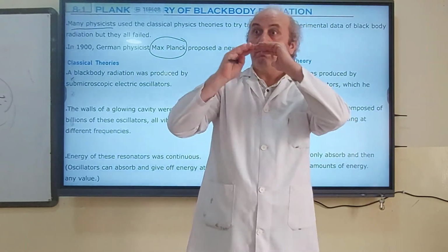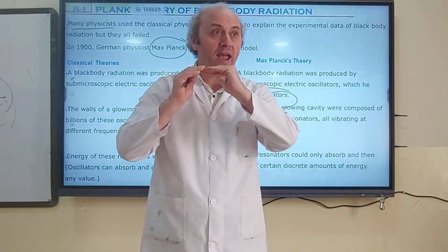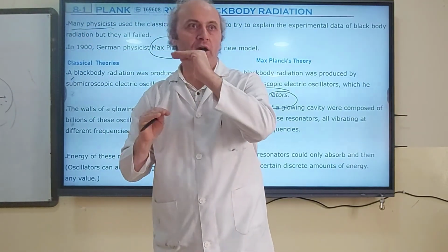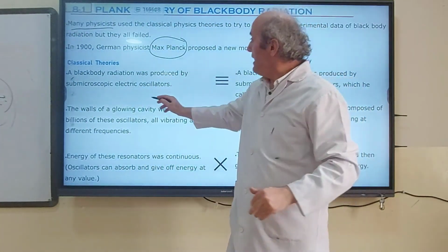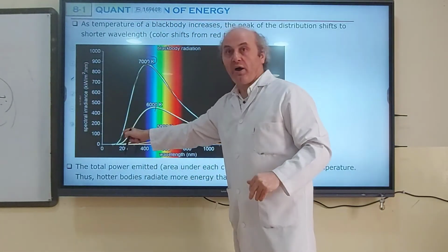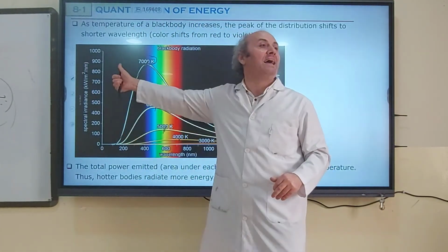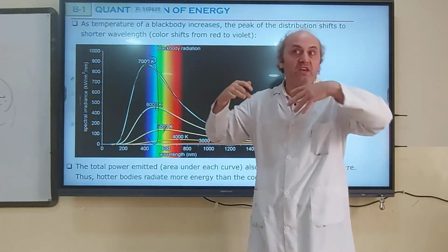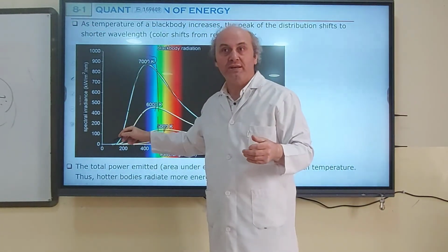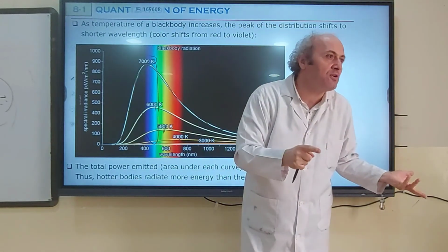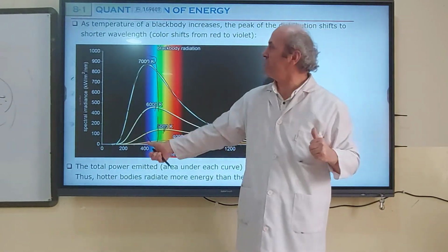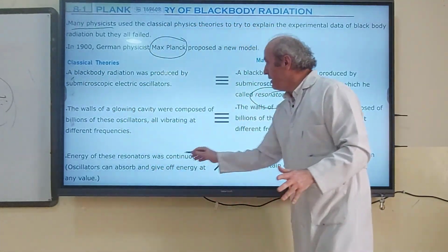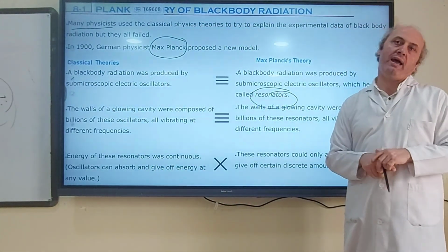He said that resonators don't take every energy given. They take only some discrete amounts of energy. That's why the energy given out at the ultraviolet side is less than here. Here they accept more energy and give out more, but there they accept less energy, or fewer oscillators accept energy, so the intensity decreases. This was the difference between Planck's model and classical theory.